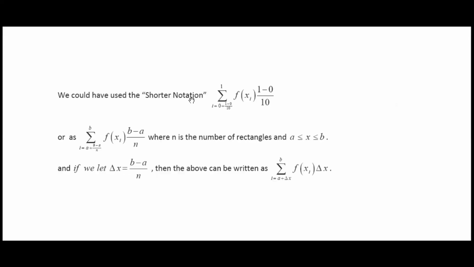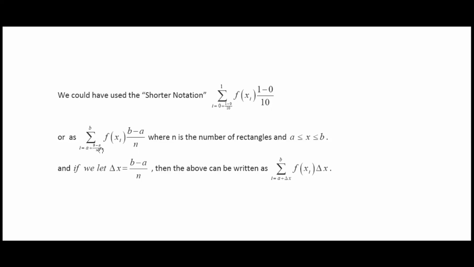Now, a shorter notation for the right-hand method would be this. In other words, we don't start at 0, we start one increment over. And we end where? At 1. So this would be the setup of the problem we just did. But again, just like before, we won't spend a lot of time. What if you don't have 0, 1? What if you had, like I said before, something like 5 to 9 or whatever?